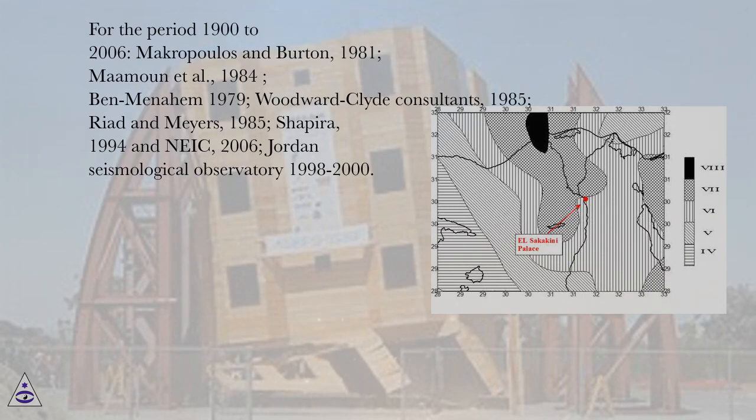For the period 1900 to 2006: Makropoulos and Burton, 1981, Mamoun et al., 1984, Bin Minahem 1979, Woodward Clyde Consultants, 1985, Riyad and Myers, 1985, Shapira, 1994 and Niak, 2006, Jordan Seismological Observatory 1998 to 2000.